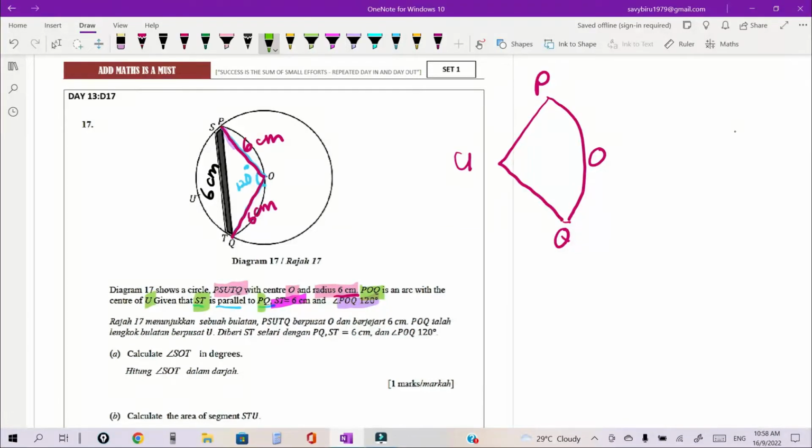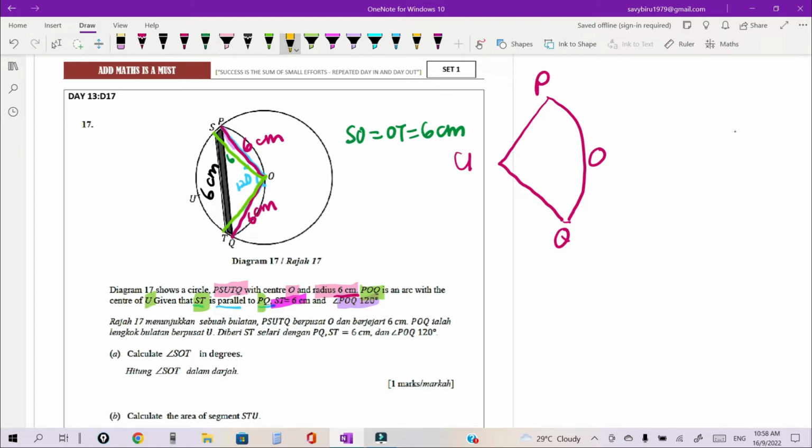So if I draw a line here, and I draw a line here, this is also the radius of the circle, meaning that this is also 6 cm. SO and OT are also 6 cm because SO and OT are the radius of the circle.